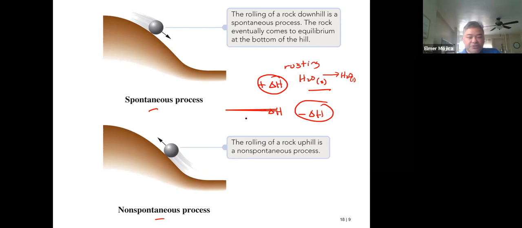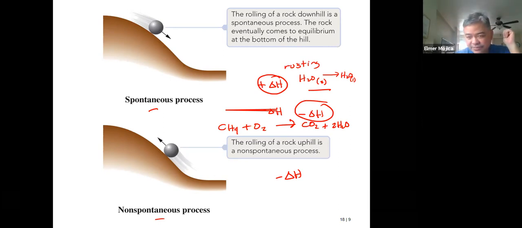Anything that refers to burning, like your methane. If you react it with oxygen, you're going to produce CO2 plus 2H2O, and it usually gives you energy. So that's just an example of a spontaneous reaction that has a positive delta H and a negative delta H. So the delta H is not enough to determine if a reaction will be spontaneous or not.